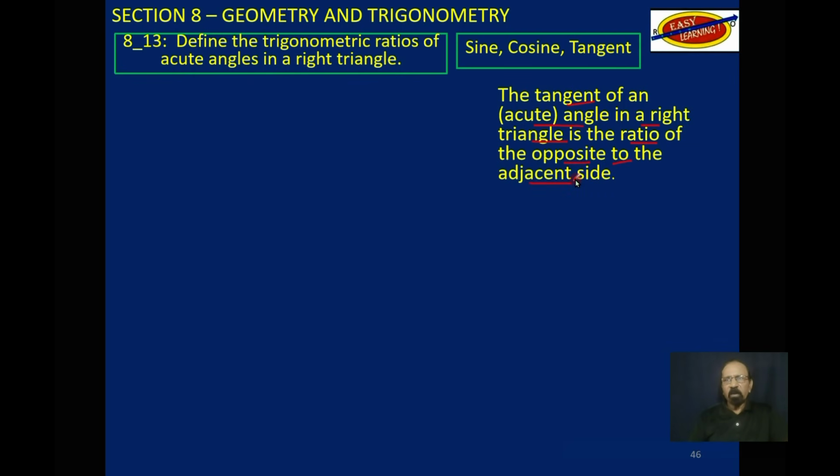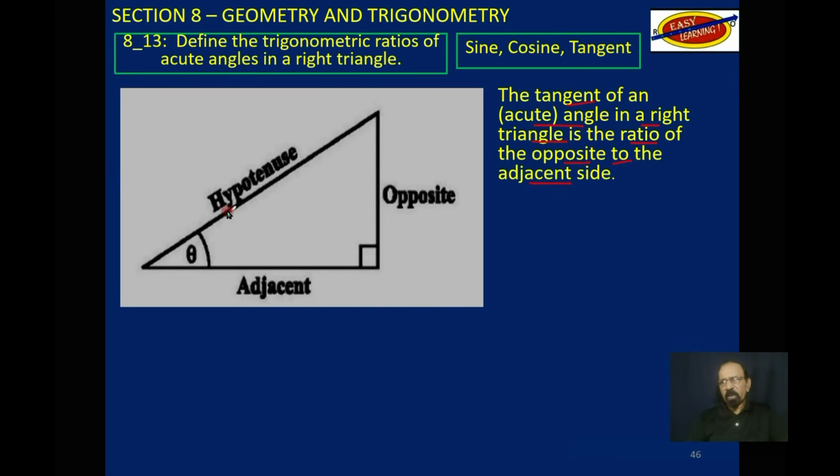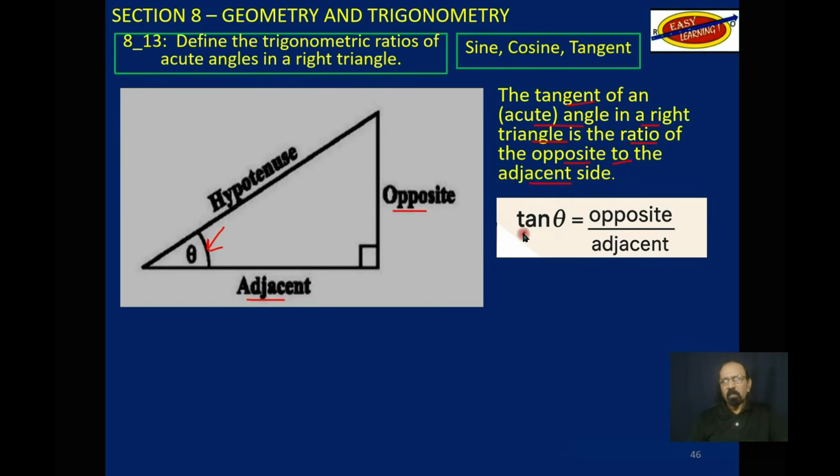So we are not talking about the hypotenuse here. So you consider this triangle here. If we are dealing with that angle, we will be dealing with opposite to adjacent. The tangent of that angle is the ratio of the opposite to the adjacent.